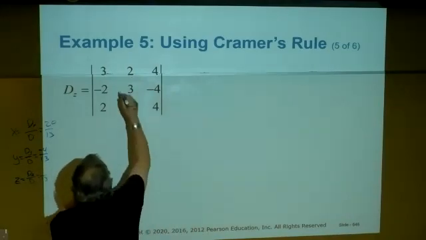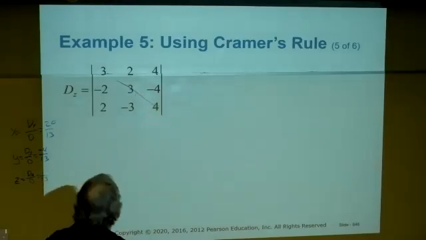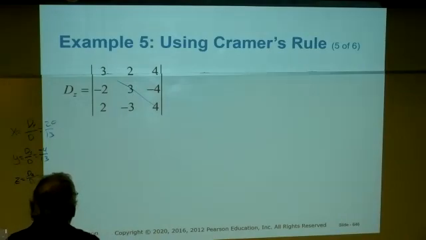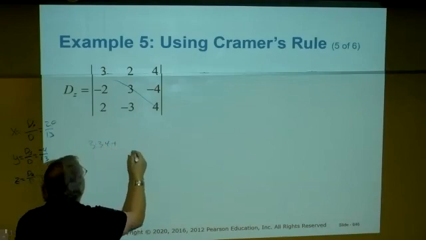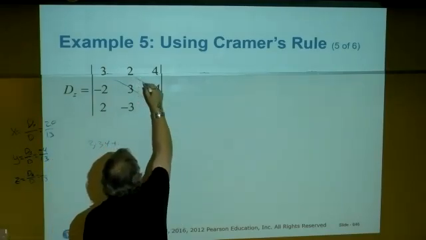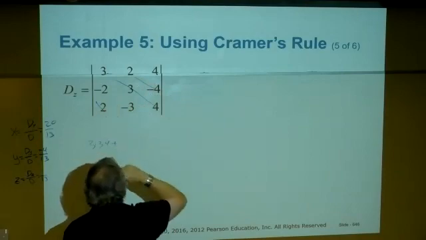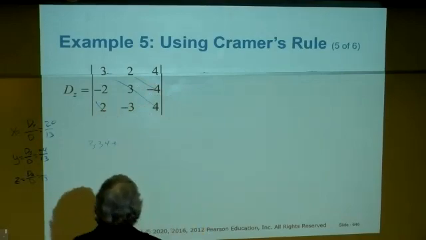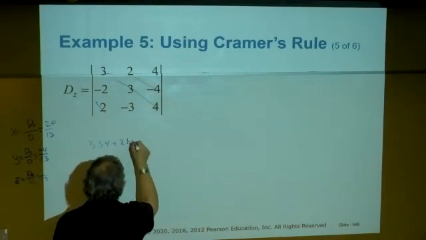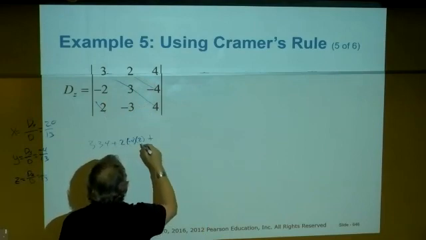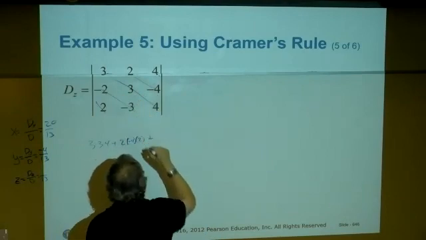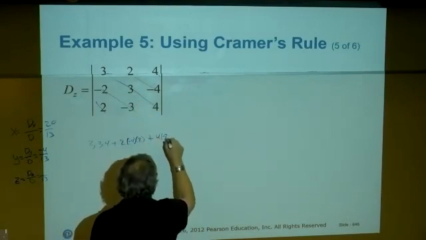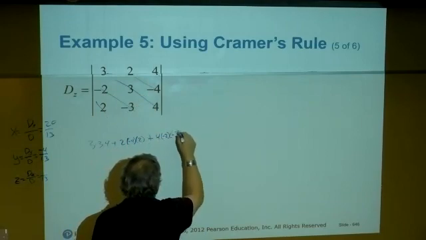The main diagonal, 3 times 3 times 4, plus, and now it's going to be 2 times -4 times 2, plus, and then the third diagonal, the 4 times -2 times -3.